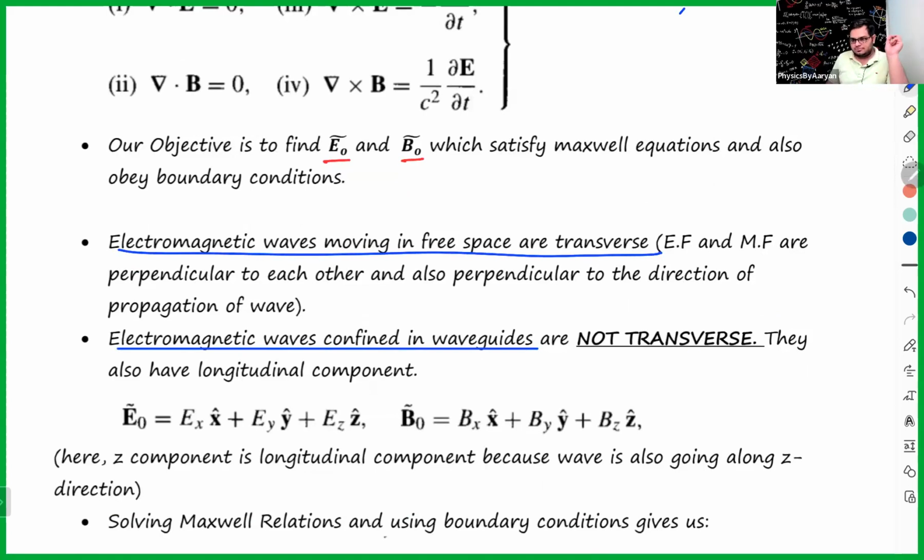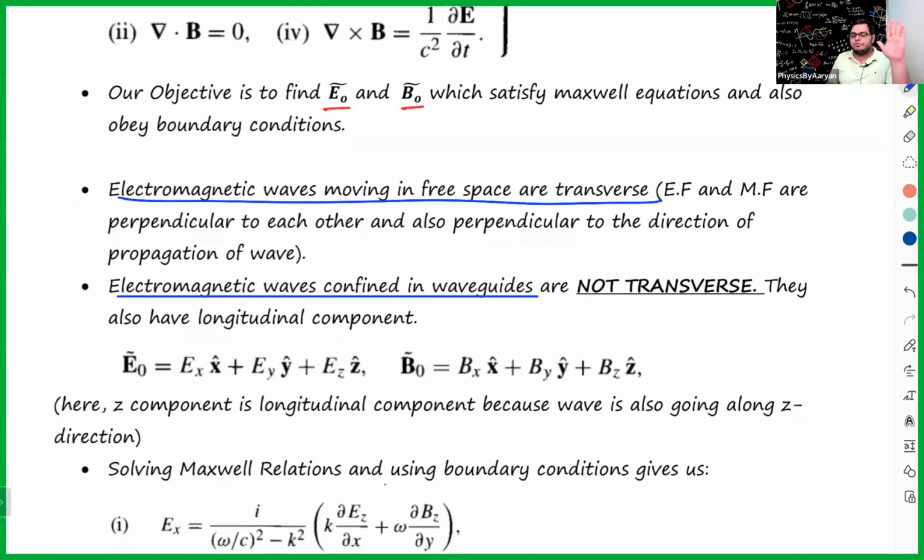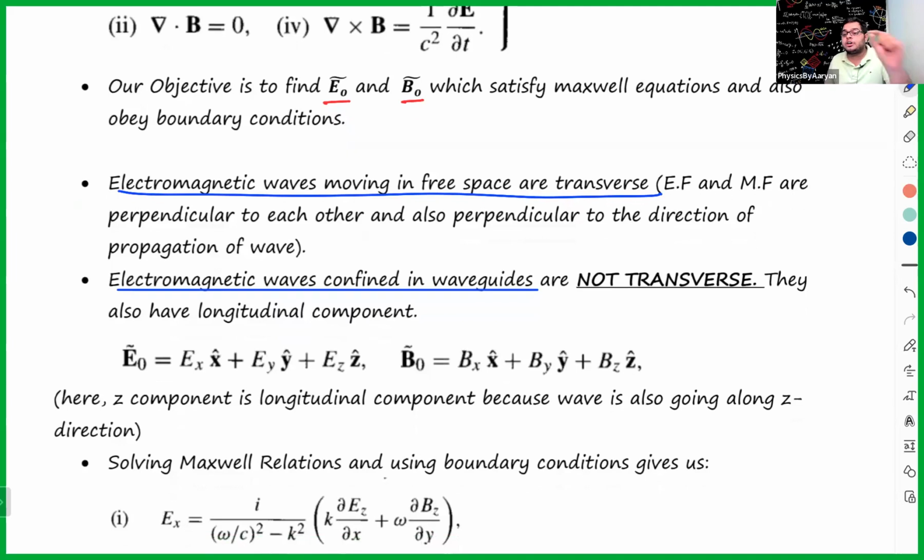Because we have to make sure that our boundary conditions are satisfied and our Maxwell equations are satisfied. And we cannot do that without making it not transverse. It is definitely non-transverse. They also have some longitudinal component.